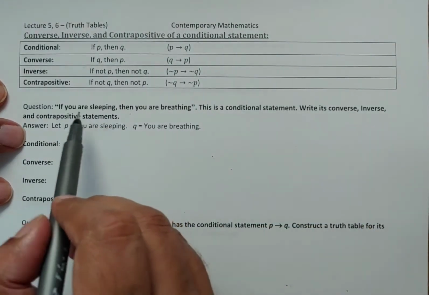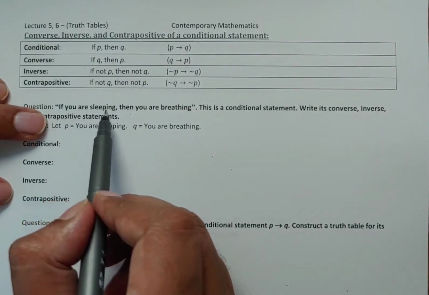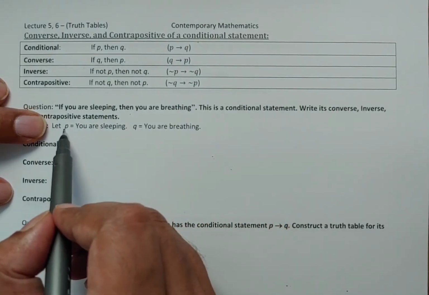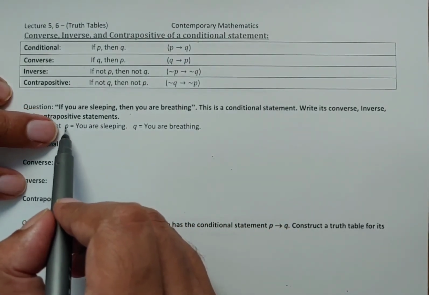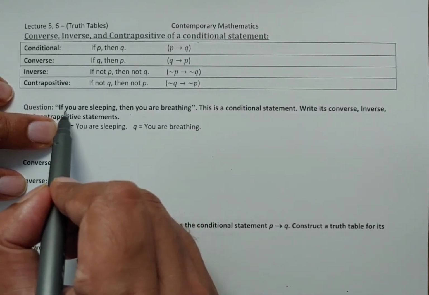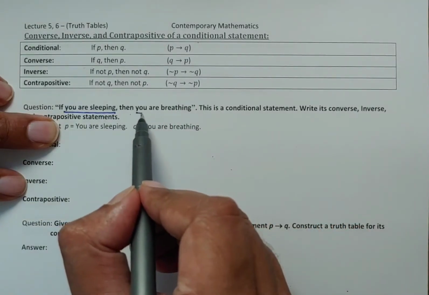Okay, so you see, here are two statements. If you are sleeping, then you are breathing. Let's assume that P is the statement you are sleeping, and Q is you are breathing.